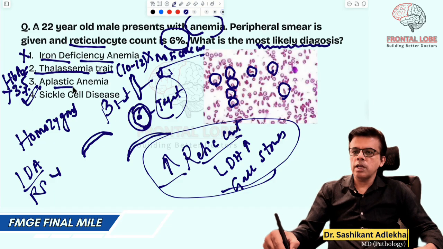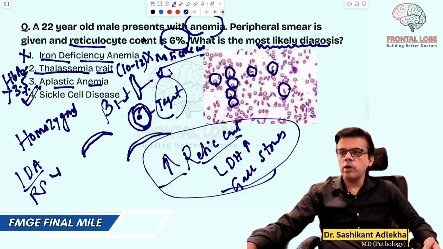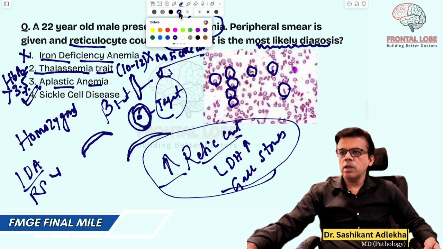Now coming to aplastic anemia. How does aplastic anemia happen? What does aplastic anemia cause? Aplastic anemia refers to bone marrow suppression, and there is decreased RBC, WBC, and platelets associated with that.